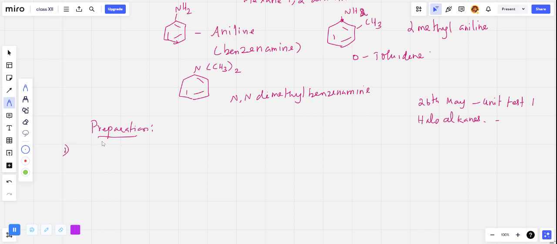In the preparation of amines, there are actually seven methods for preparing them. It's easy, because we already learned it: the first one is the reduction of nitro compounds. Nitro compounds means what is the functional group?